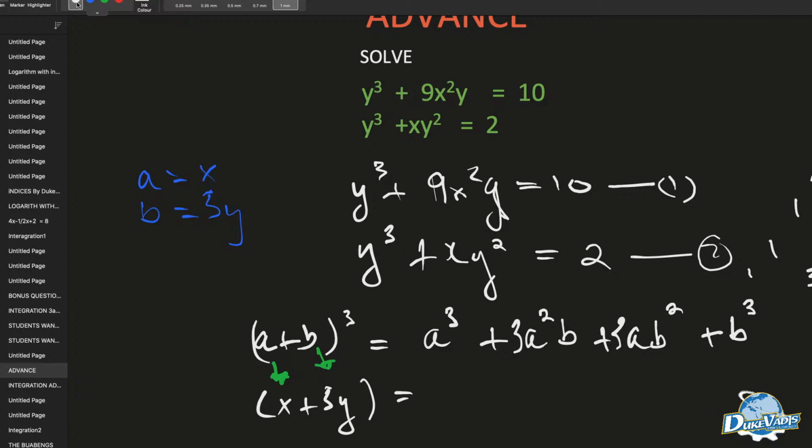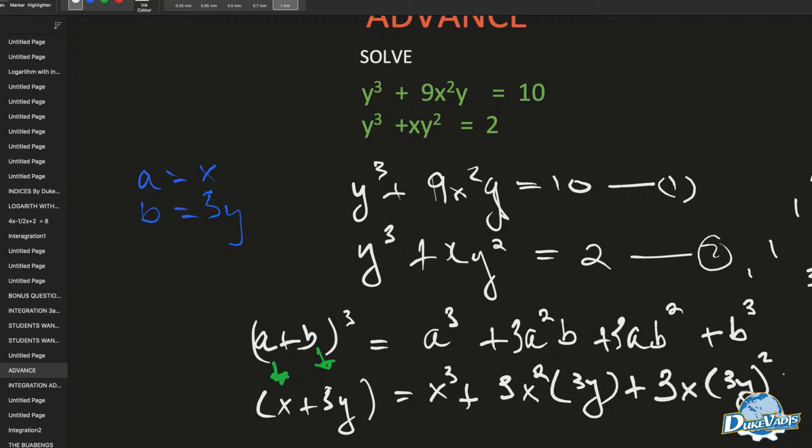Now, if that is the case, then our a will be x cubed plus 3, a is still x, so 3x squared times 3y, plus 3, a is still x, and b is 3y squared, plus, in brackets, 3y again, all cubed.